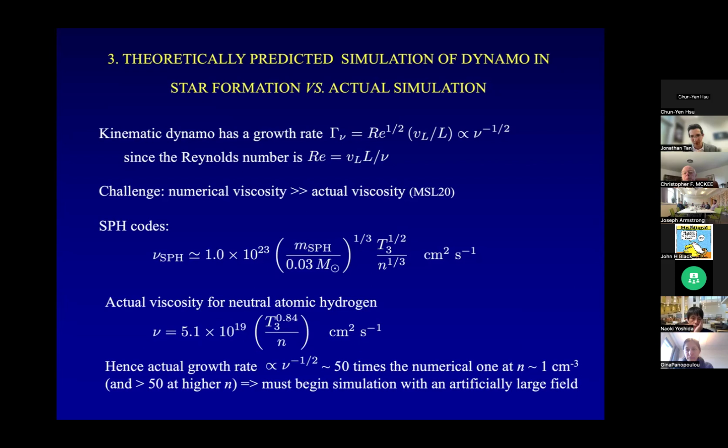Naoki, any comment before we finish? Yeah, if I look at my calculation, up to 10 to the minus 22 or minus 21, this level can be achieved even in a low density IGM, although mine is for a 1 megaparsec box. So for very large. And it fills space?